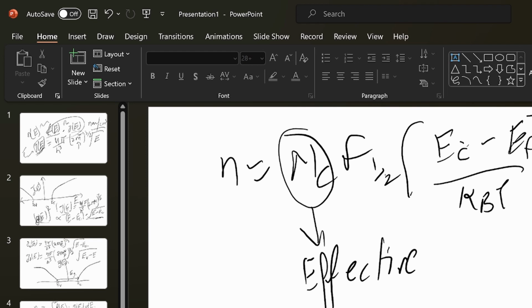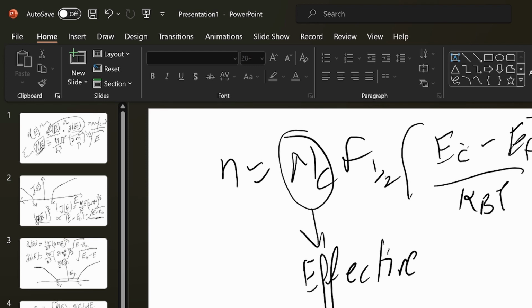This is E, this is K, and the effective density of states at the bottom of the conduction band, at this point, is represented by NC.